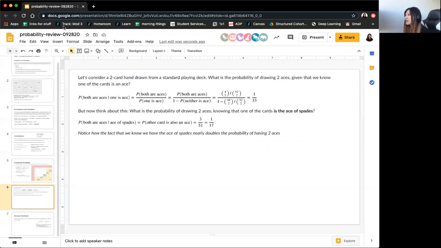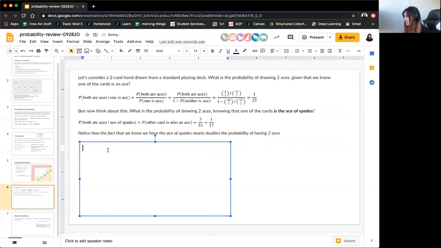So the way I like to outline this second question, let me do it this way. Probability of 2 aces given that we have the ace of spades. So I like to think of it as I already have the ace of spades.